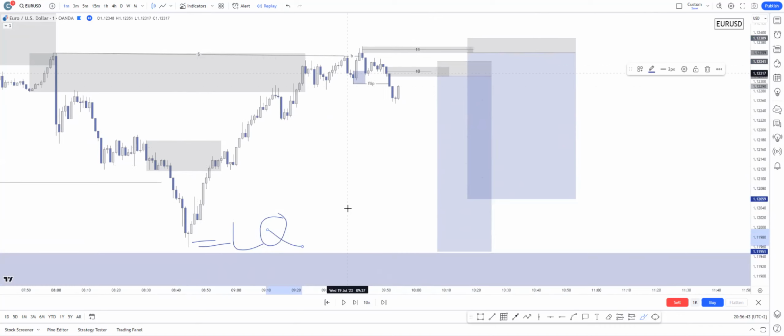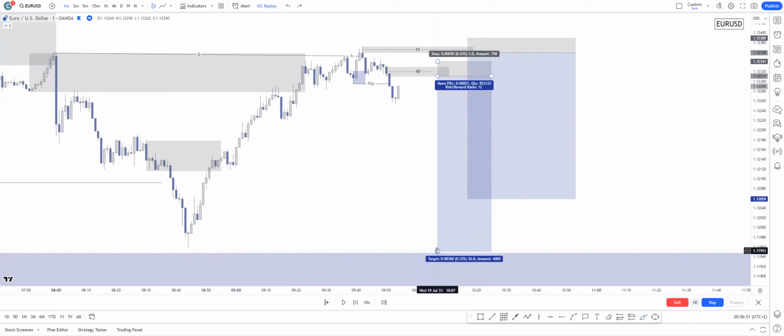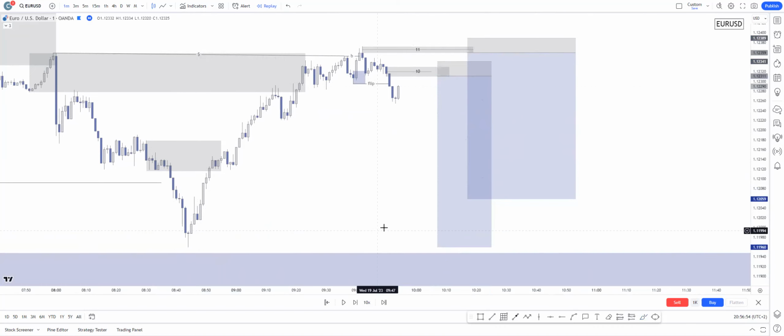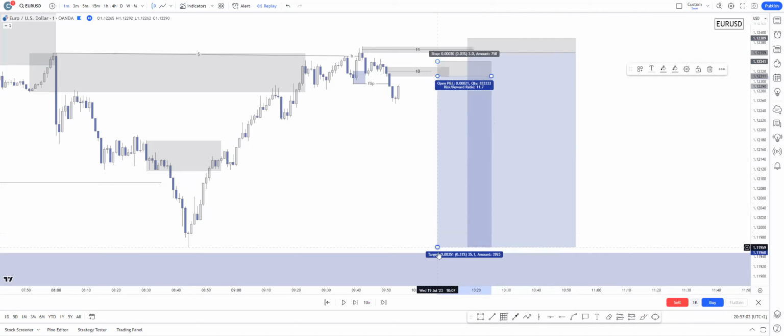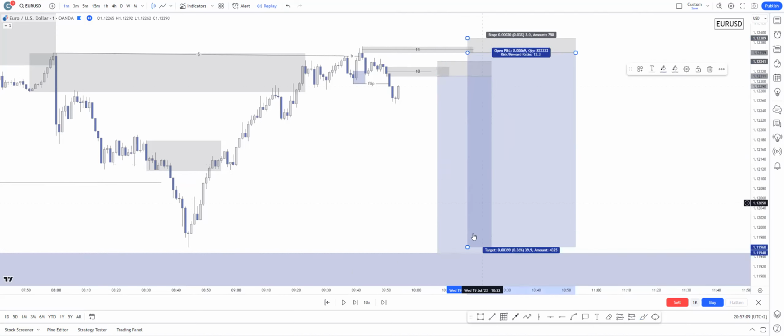In this case, you can target this 15-minute demand or you can target this low point. There is not much difference between the low point and the 15-minute demand. There is 11.7 risk reward ratio on the decisional and 13.3 risk reward ratio on the extreme area if we get tagged in at the low point, and there is 12.1 risk reward ratio on the decisional and 13.7 on the extreme.